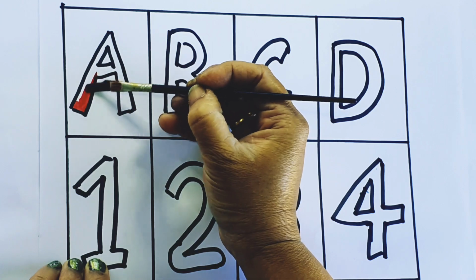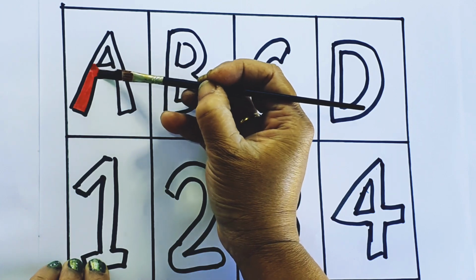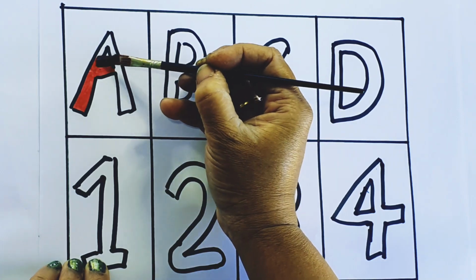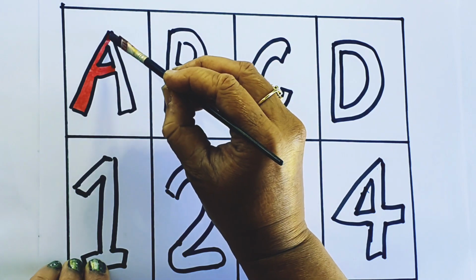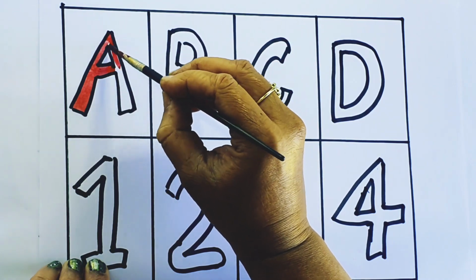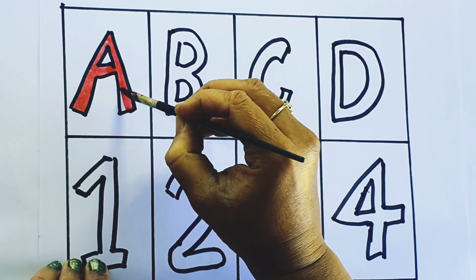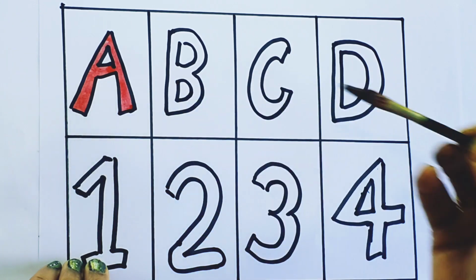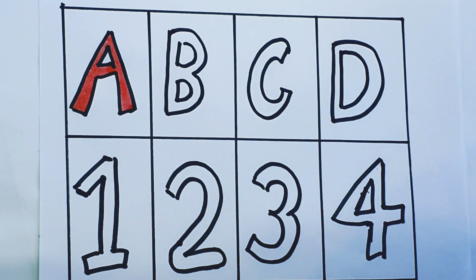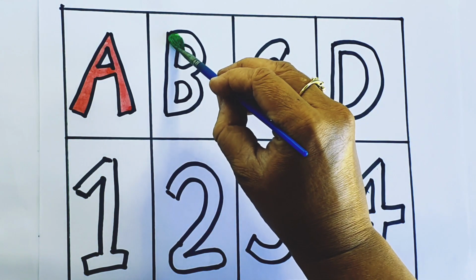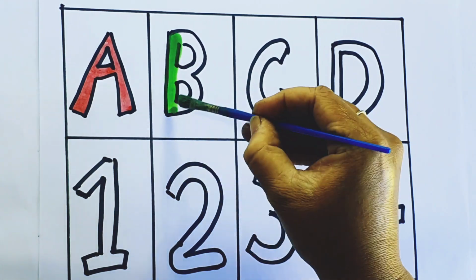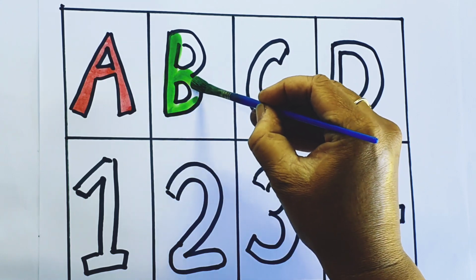A for apple. A for aeroplane. A for apple. A for aeroplane. Light green color. B for bat.